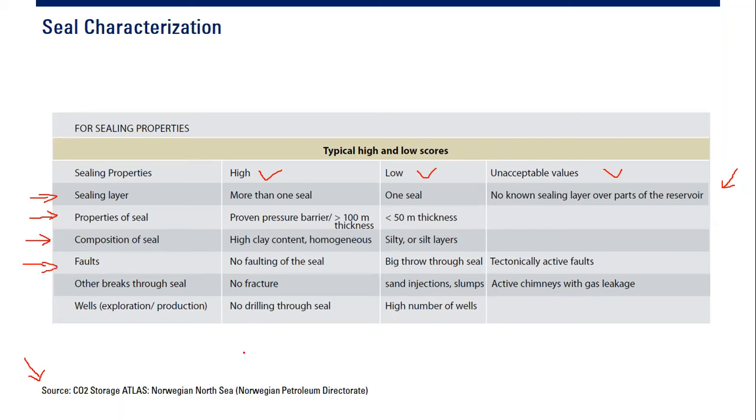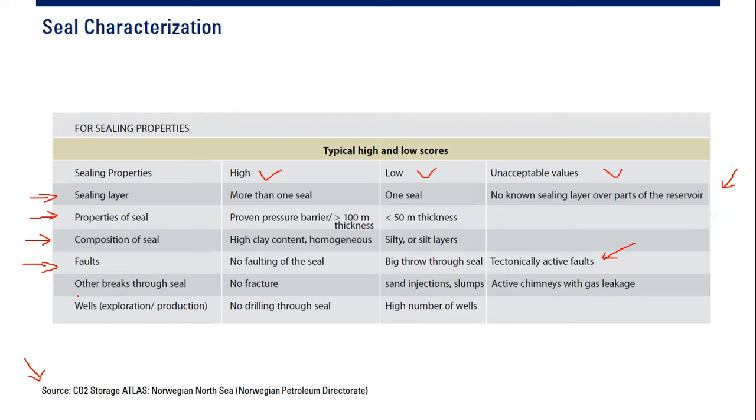However, if you have tectonically active faults, then it is unacceptable. That seal is not good at all. You need to reject that and find other reservoirs or other aquifers with better seal properties.